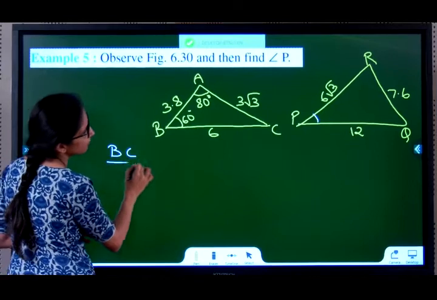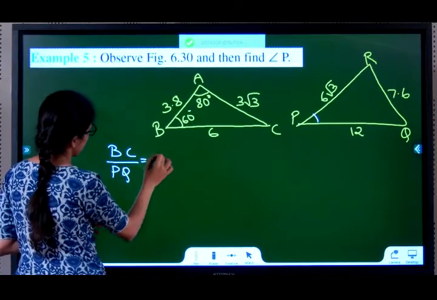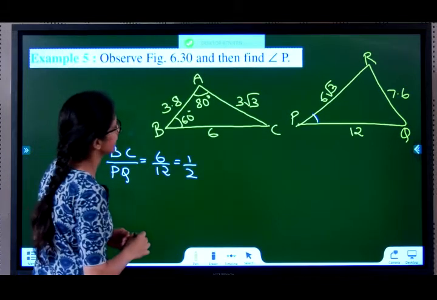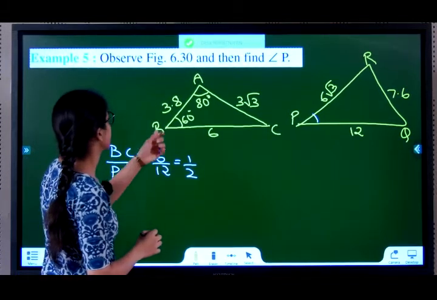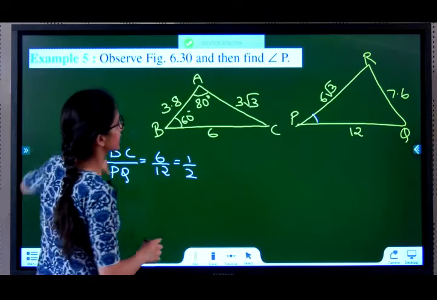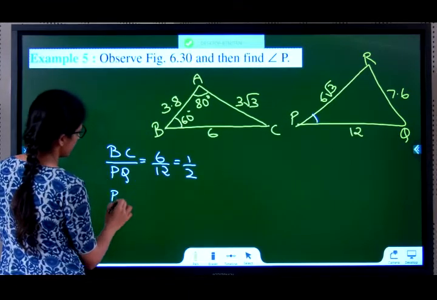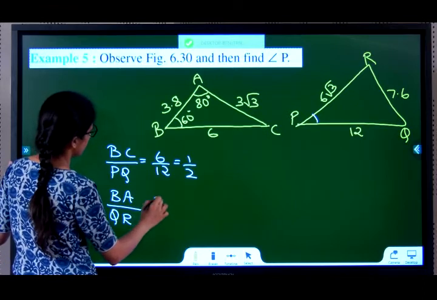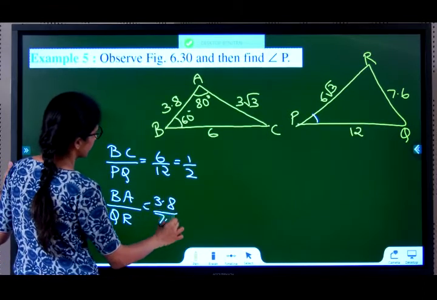BC by PQ, 6 by 12, which is 1 by 2. Agreed? Yes. Next, 3.8 and 7.6 are related. So BA by QR, 3.8 by 7.6, 1 by 2.